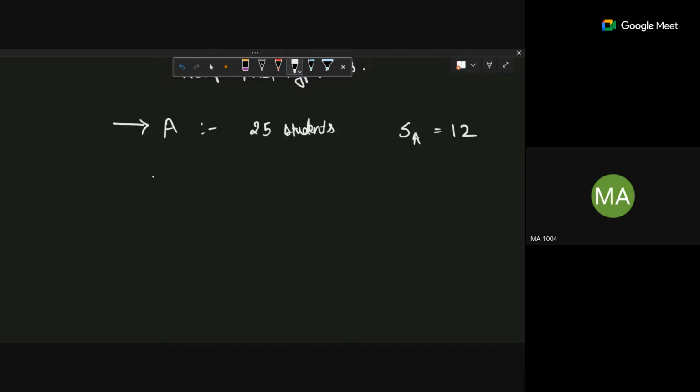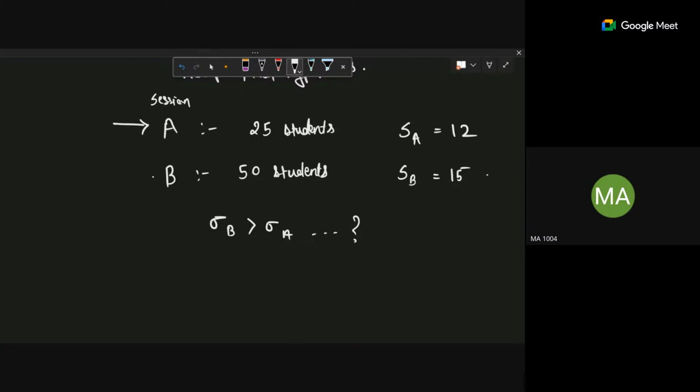And for session B, 50 students were there, and the standard deviation is 15. The question is whether the variability in marks of class B is greater than that of A. That means sigma B is greater than sigma A or not.